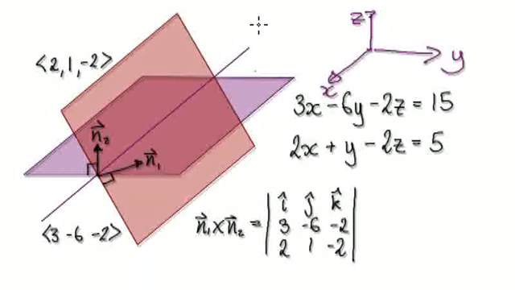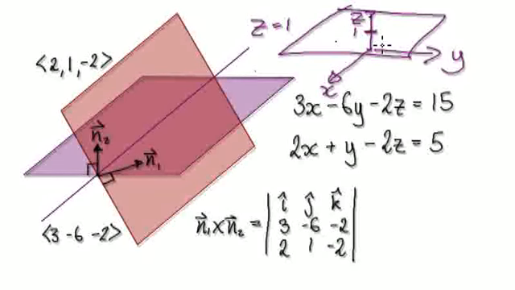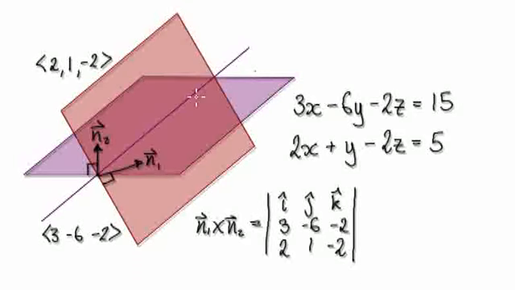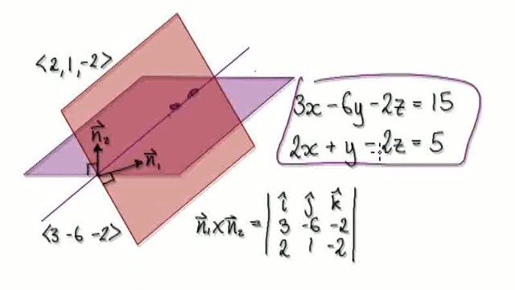You could let z equal 1. Then you are looking at this plane here, slightly higher up. Basically you're just trying to find one particular point where these two will be satisfied.